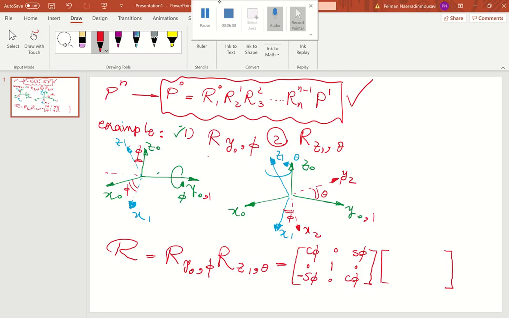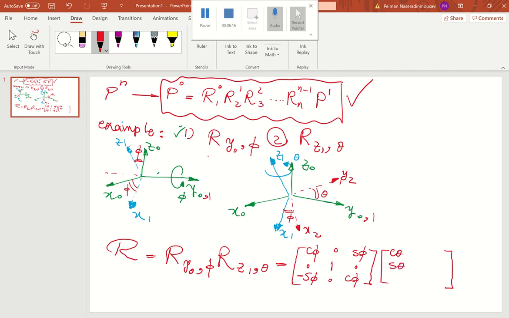x2 with respect to x1 is cosine theta. x2 with respect to y1 is obviously sine of theta.